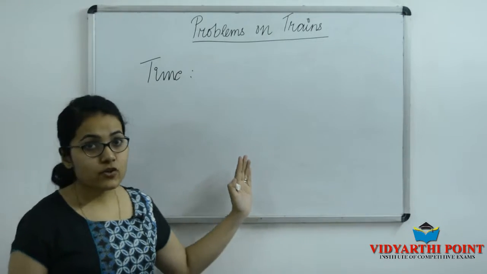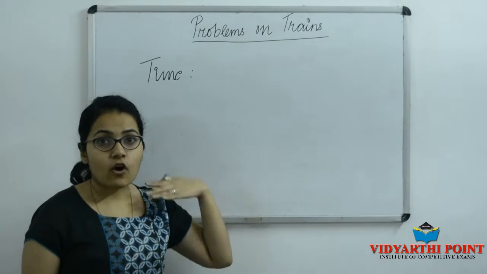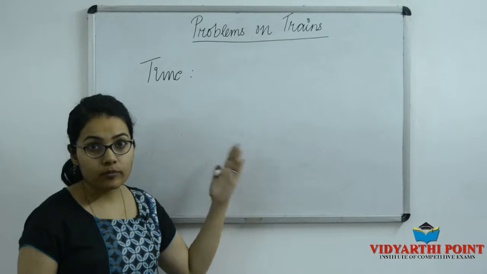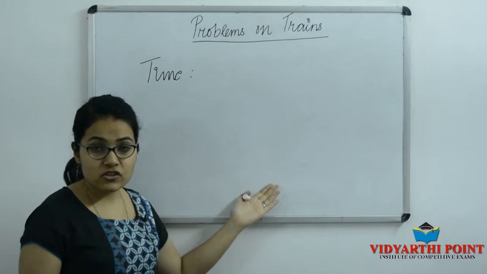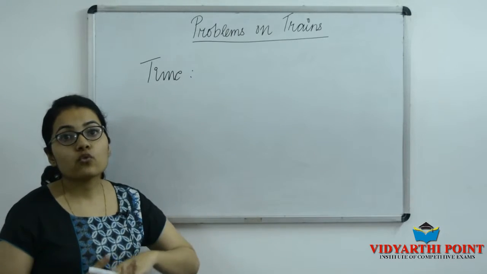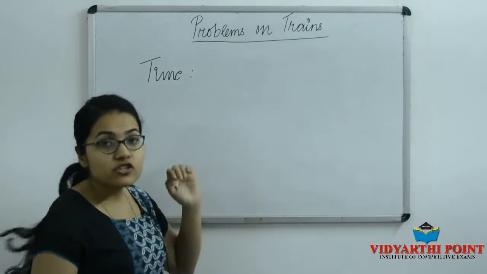Now let us look at time. Speed is changed according to the direction of the object, or if the object is stationary or moving, and the distance is also changed according to what the first object crosses, but time is not changed.